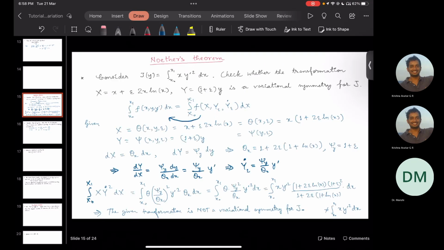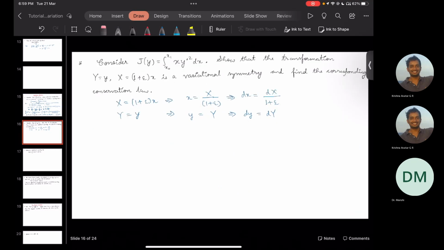Now let's proceed. In the previous question, we went from right to left. In this case, let's move from left to right. So let's start with the integral from x naught to x1 of x y prime squared dx.